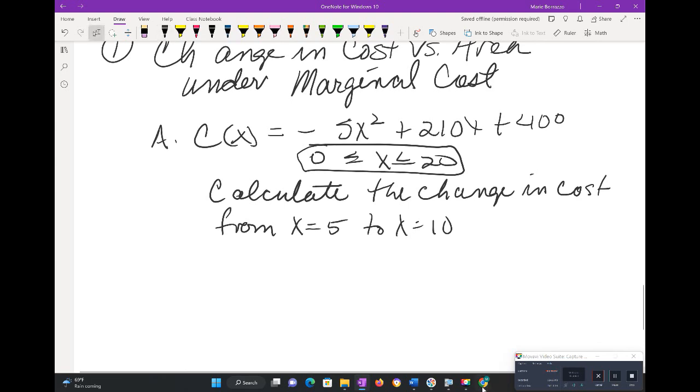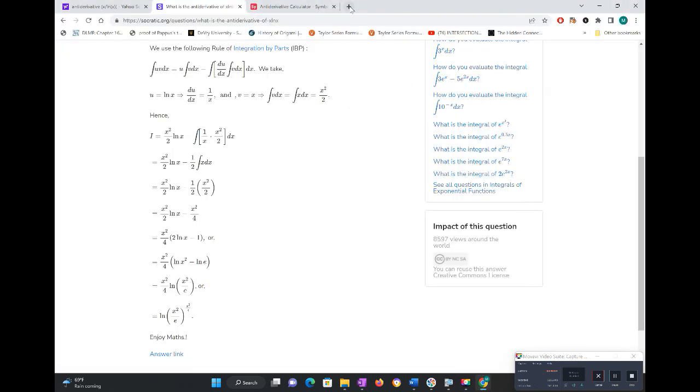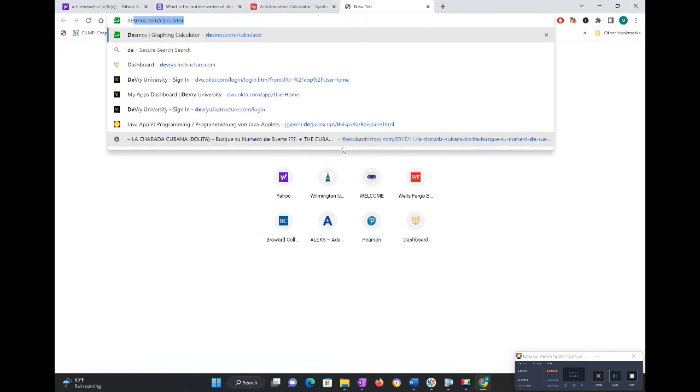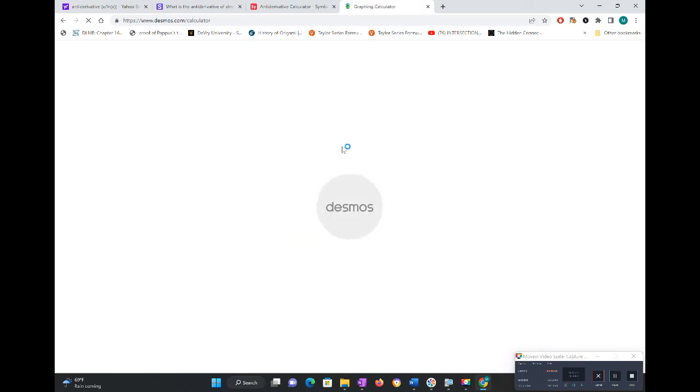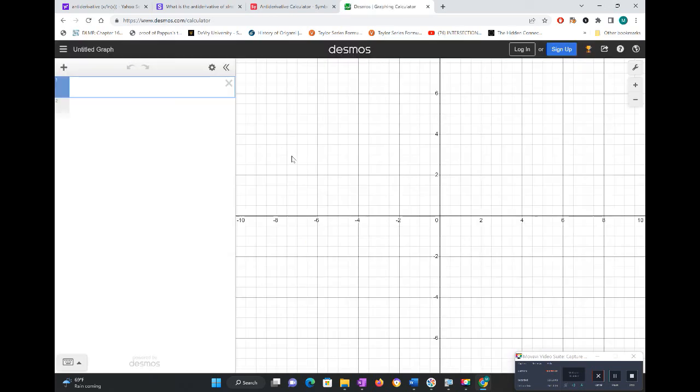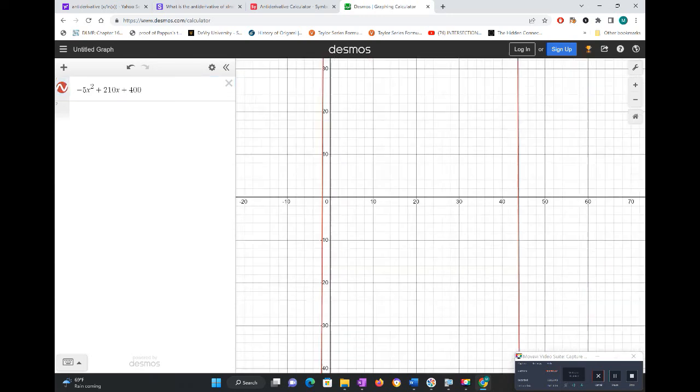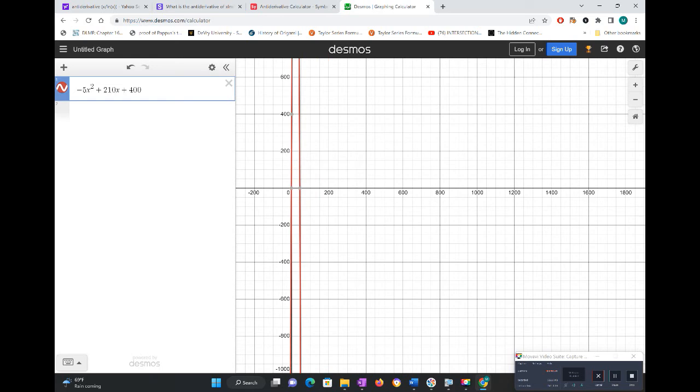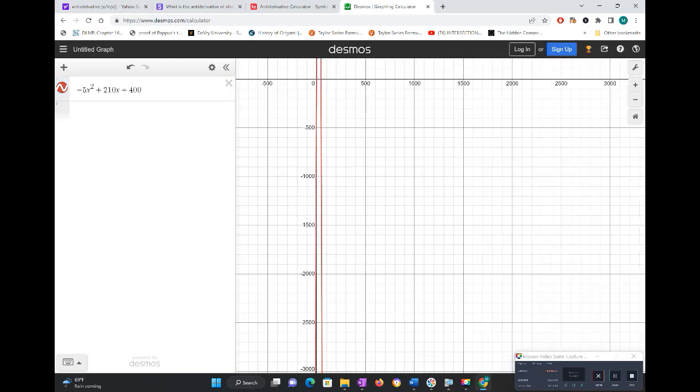So let's go ahead, let's go to the internet and I'll throw this on Desmos. Which, if you look at the numbers, they're quite drastic. So even if I pinch this in, it will take a long time.